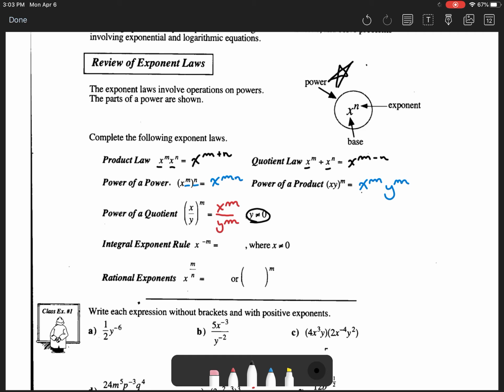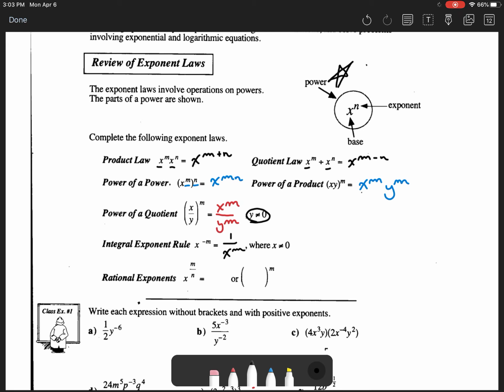The integral exponent rule. A lot of people refer to this as, well, what happens when I have a negative exponent? What we do is we rewrite the base over 1. So for example, 1 over x, and when that moves to the denominator, the exponent now becomes positive. So it's 1 over x to the exponent of m, where x cannot be equal to 0.